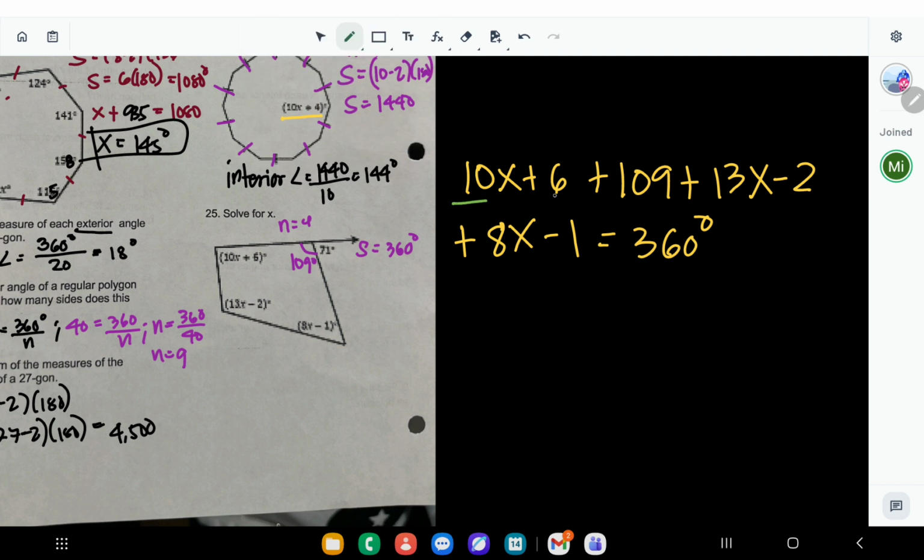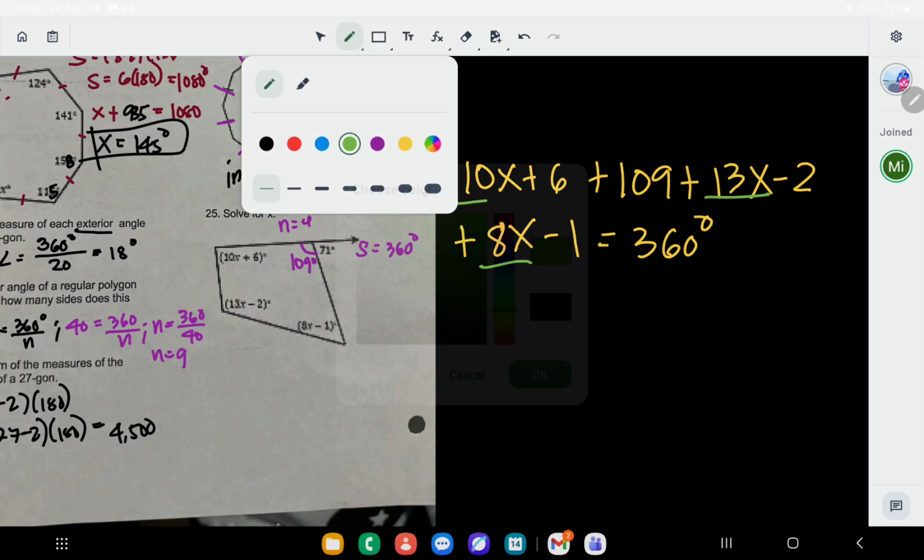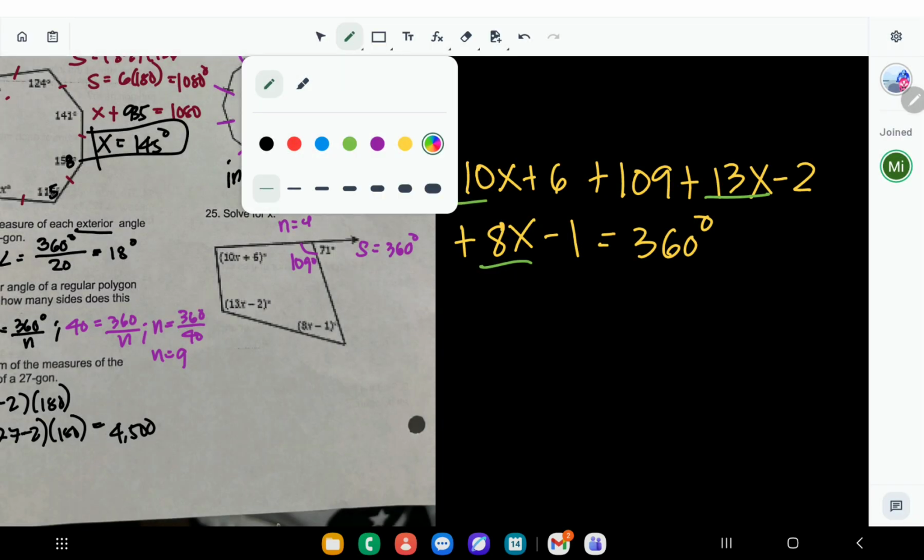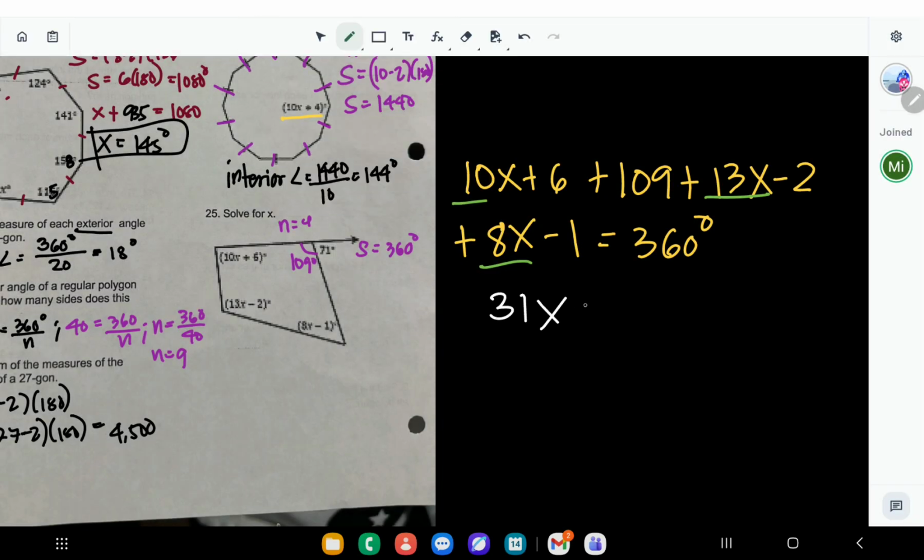Then 10, 23 plus 8, 31x. 31x plus, what's that, 109 plus 6 minus 2 minus 1.